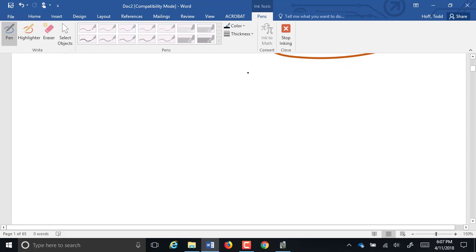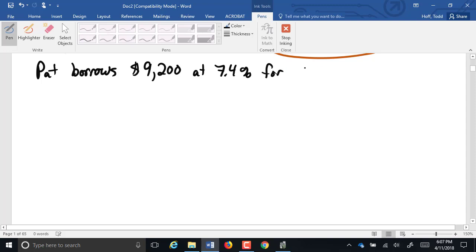Well, then let's take a look at this one. Pat borrows $9,200 at 7.4% for 150 days on an SDN, which stands for simple discount note, just because I'm tired of writing it out every time.